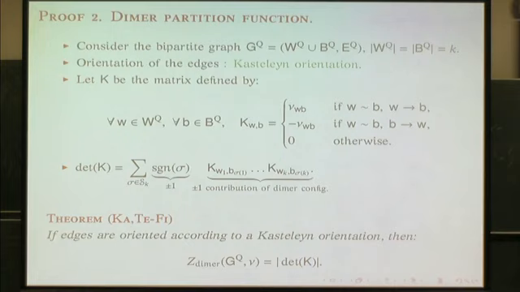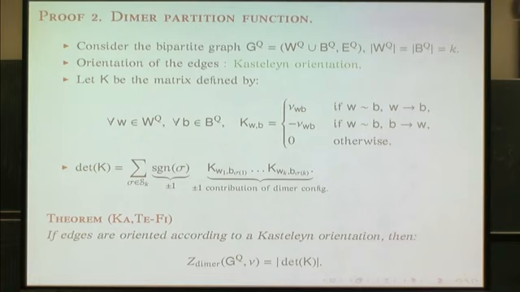And the coefficient is the weight of the edge, that's why it's weighted. And then you have a sign coming from the orientation. So if W is oriented towards B, then you have a positive sign, and if W is oriented away from B, then you have a minus sign.